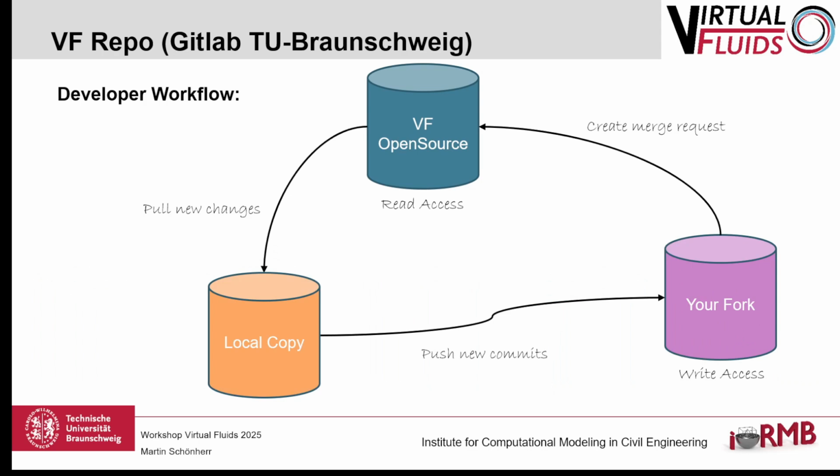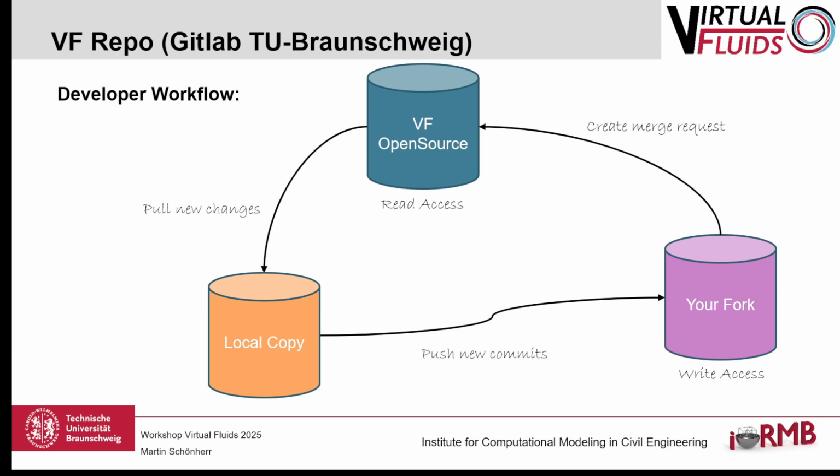Okay, and when you work on your fork, basically it works the way that you get the newest version of our open source version. So you pull all new changes, because we have several guys, several forks, working on the same project. So it can be that every day someone is merging some new stuff in the open source code.